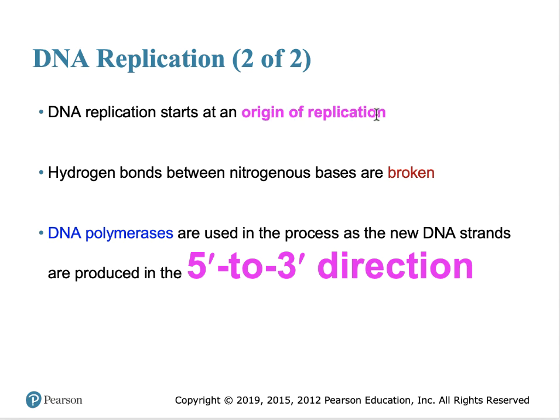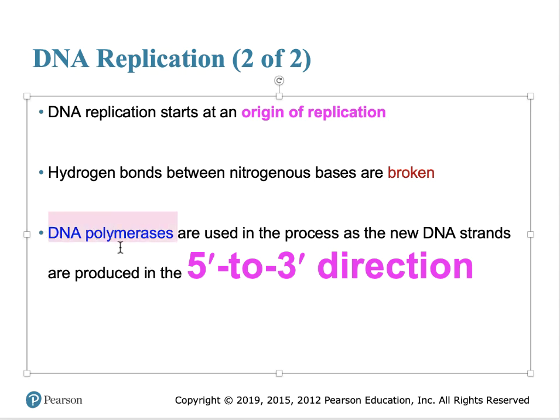It's the place on the DNA molecule where replication begins using enzymes. And as we said earlier, DNA replication requires help, and the help is provided by these proteins, and the name of these proteins happens to be DNA polymerases. Why? Because what they're making is DNA, and how do they do it? By polymerizing the nucleotides into DNA strands.